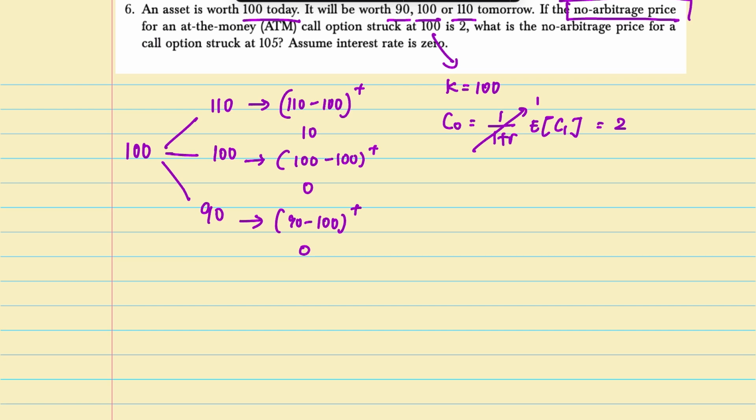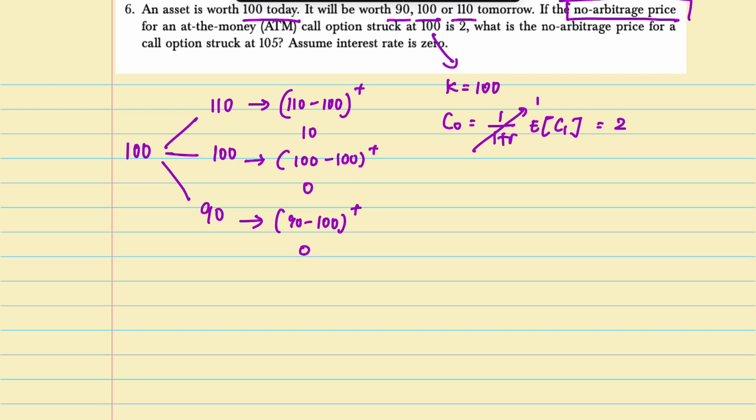Since both of them are 0, we can just put 0 and 0. So over here, 2 equals 10 P star. So P star equals 0.2.